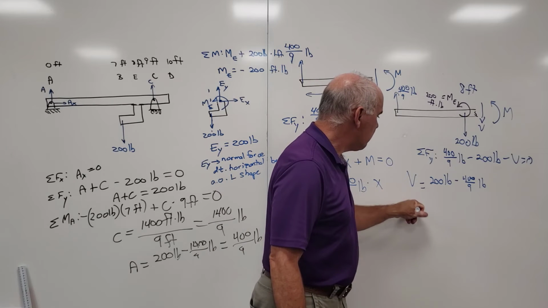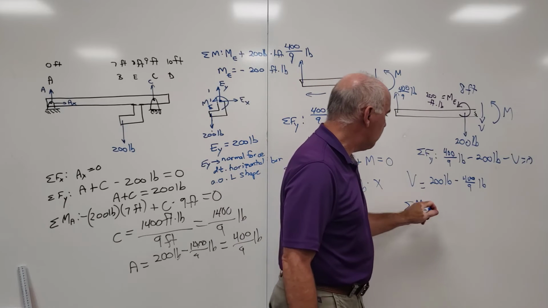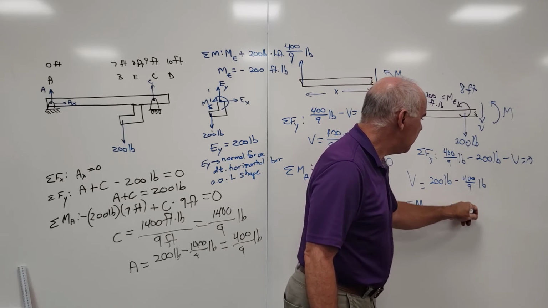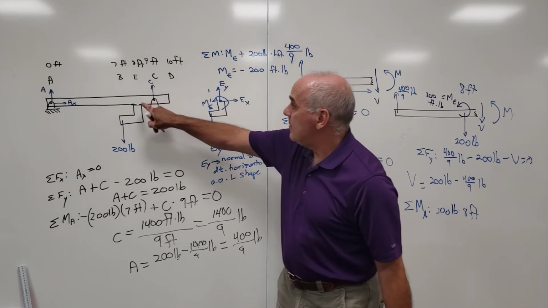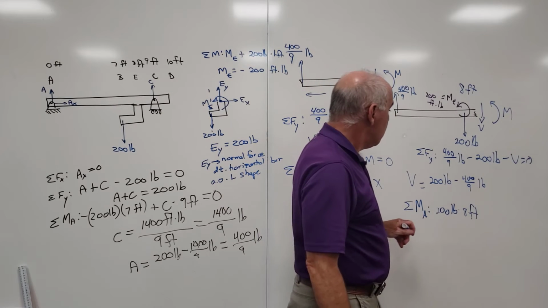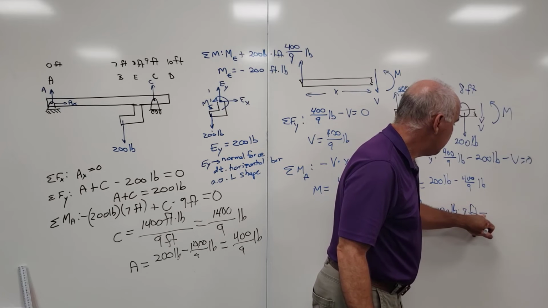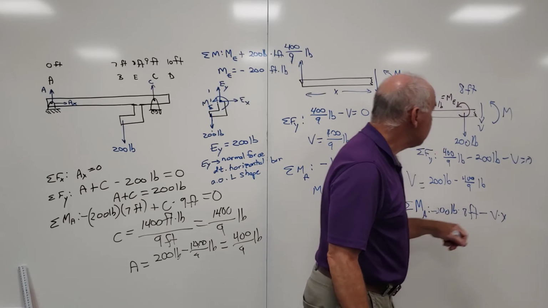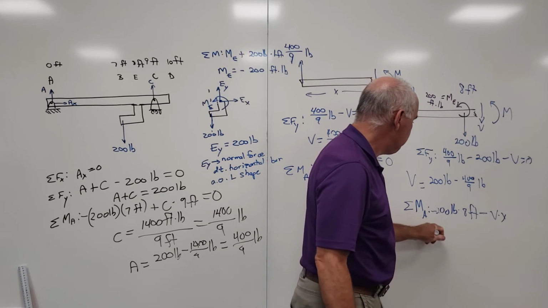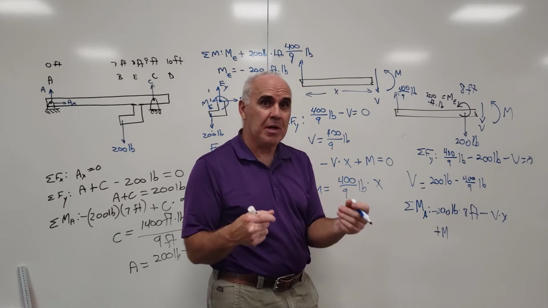What's interesting is the sum of the moments about A, because I'm going to get 200 pounds times 8 feet, because this is 8 feet right here from that pivot, and that's negative, minus V times x, because that's trying to rotate it. Then plus M. But here's where this is very different than it was in any of the previous problems.